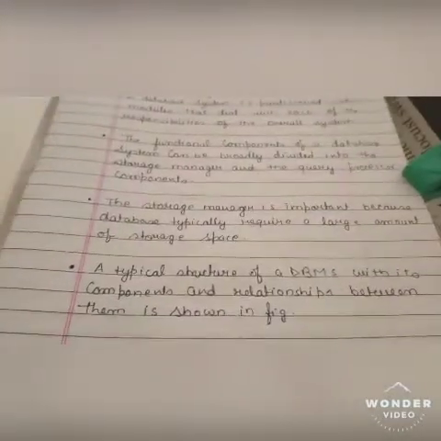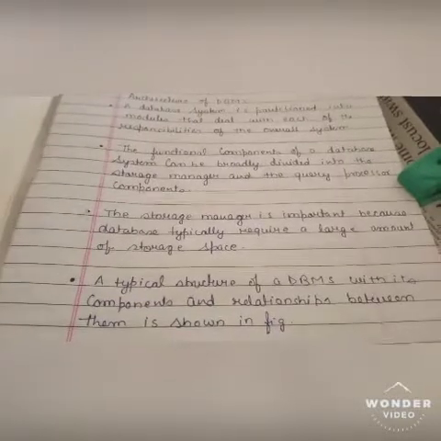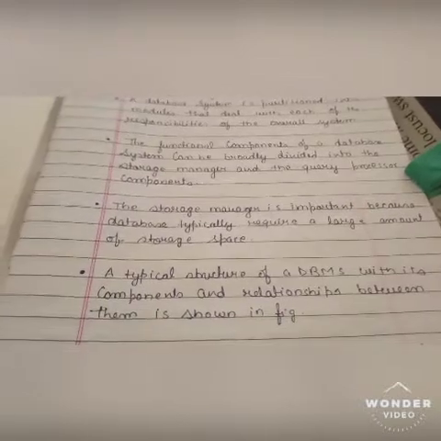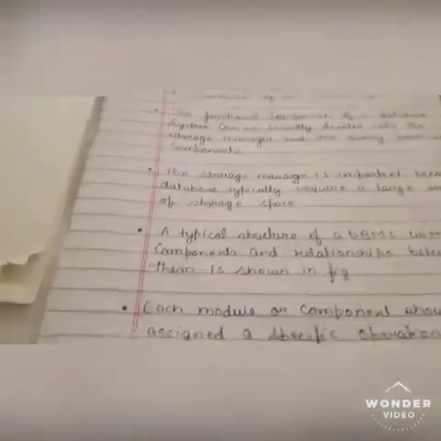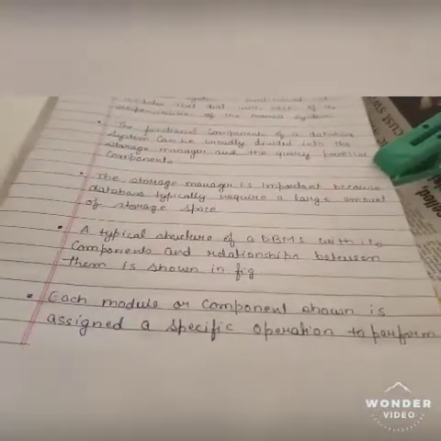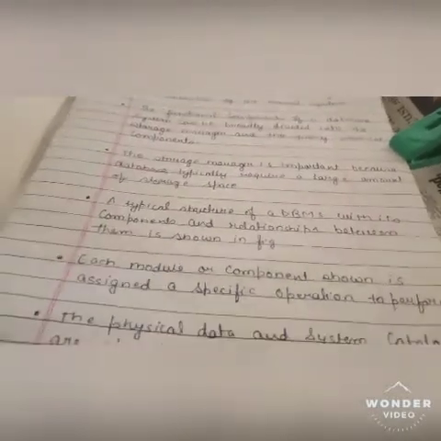Typical structure of the database management system with its components and the relationship between them is given in the figure. Each module or component shown is assigned a specific operation to perform.